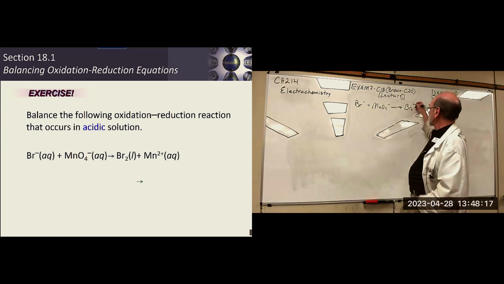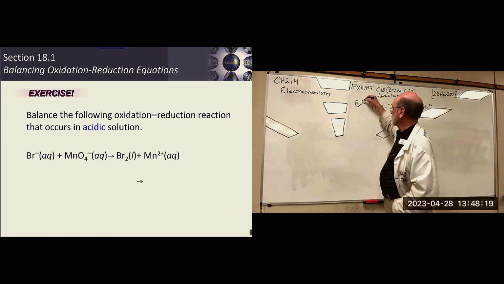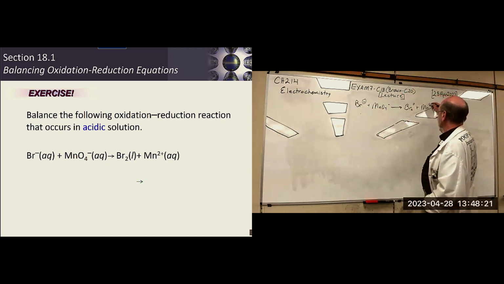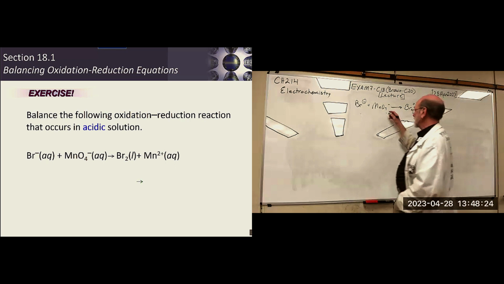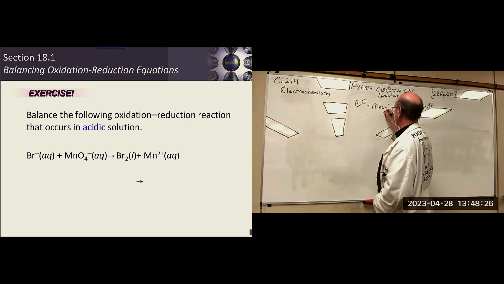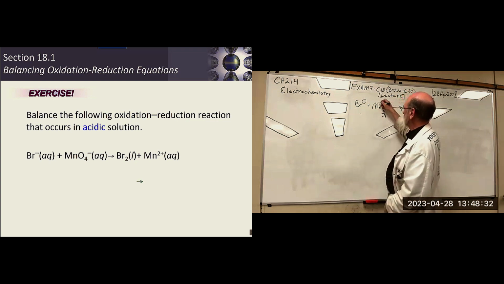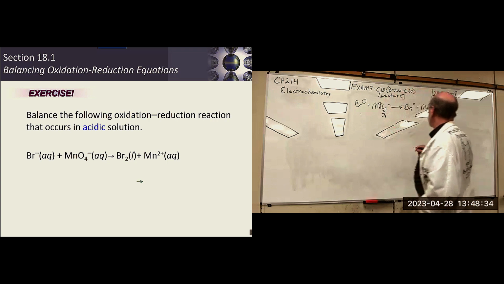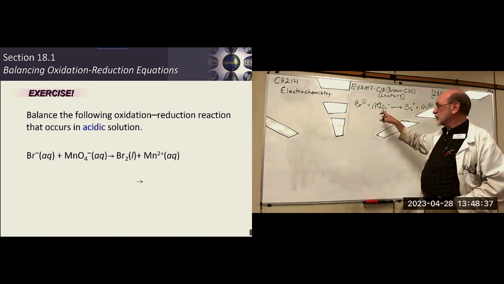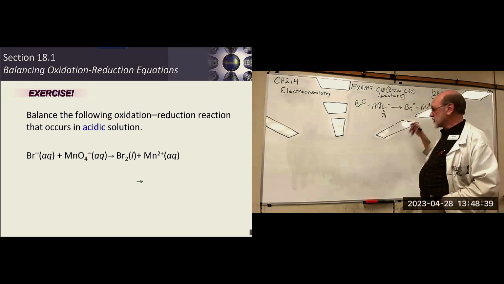Okay, so we know this one is 0. We know this one is -1. We know this one is +2. How about this one? We did this one before, so we'll do it again. -2 times 8, -8, -7, because we hold 1 out for that minus. This is a +7. So the manganese has been reduced from +7 to +2.